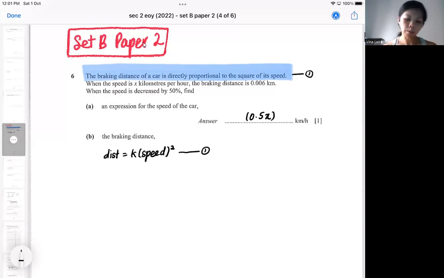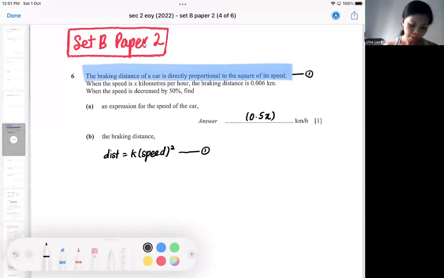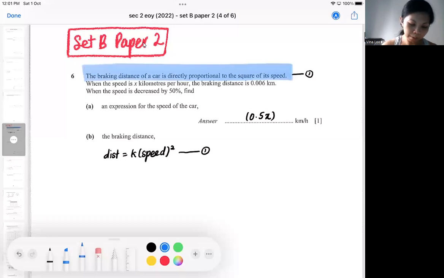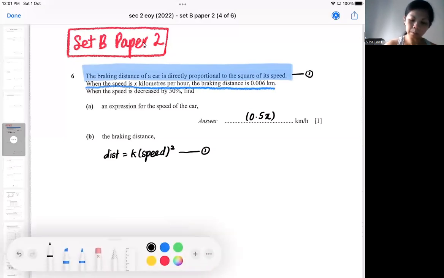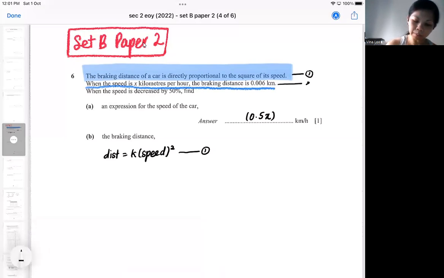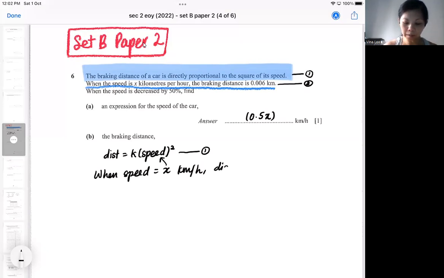Then I go to the second statement. So when the speed is x kilometer per hour, I replace the speed here to get the distance.